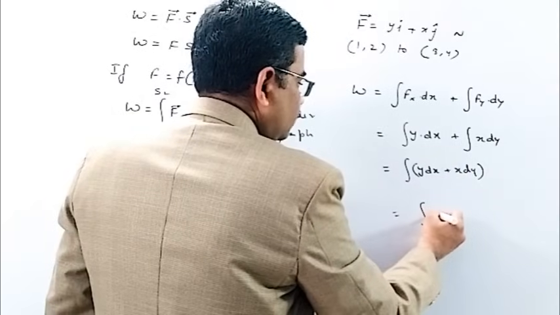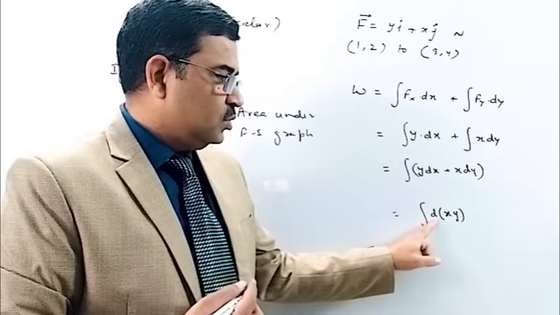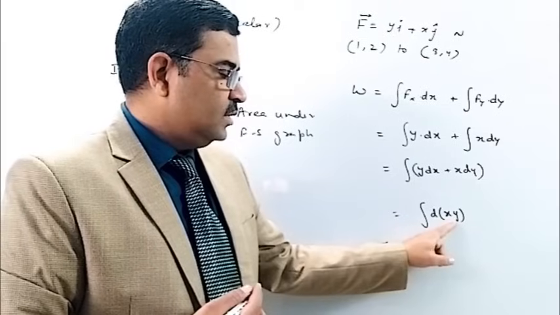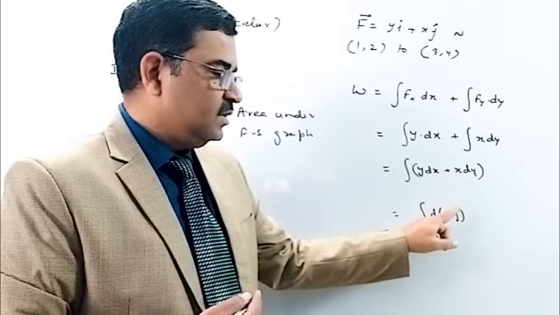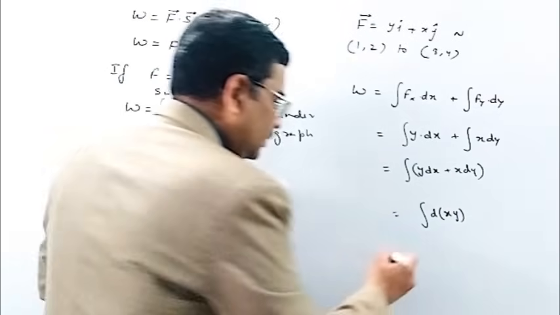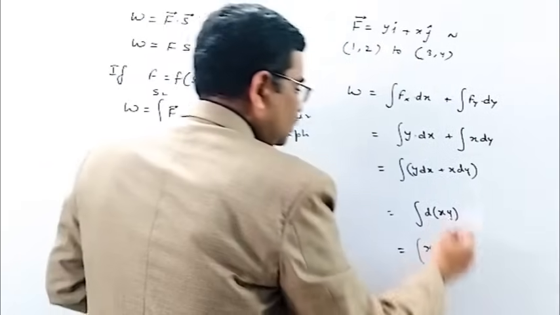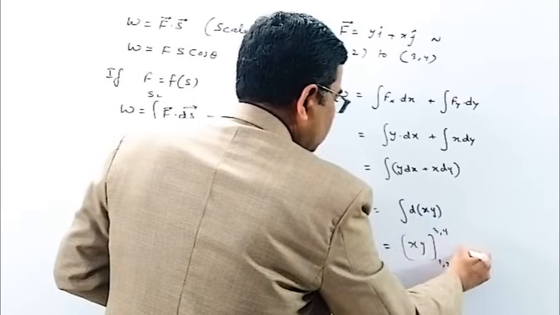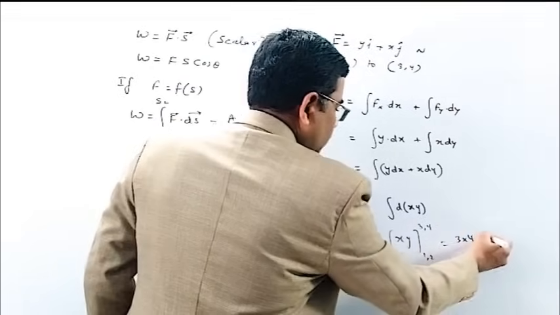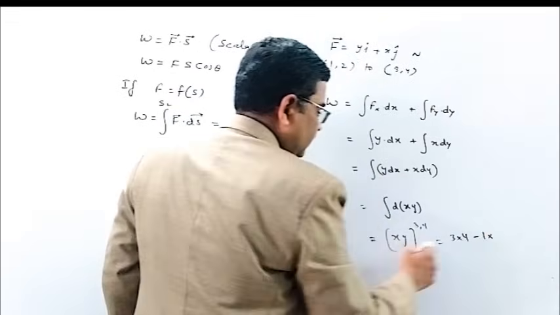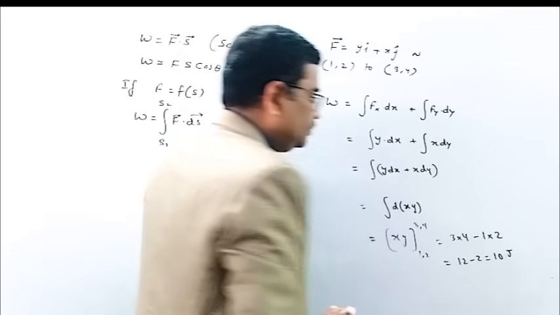It is integration of actually d(xy), क्योंकि जब आप इसको एक्सपेंड करोगे तो प्रोडक्ट रूल से ये वापस इसी में कन्वर्ट हो जाएगा, that is x into dy plus y into dx. Now इसको हम लिख सकते हैं xy and now we can put the limits. It is (1, 2) to (3, 4), so this becomes in place of x put 3, in place of y put 4, in place of x put 1, and then in place of y put 2. So this becomes 12 minus 2, that is 10 joule.